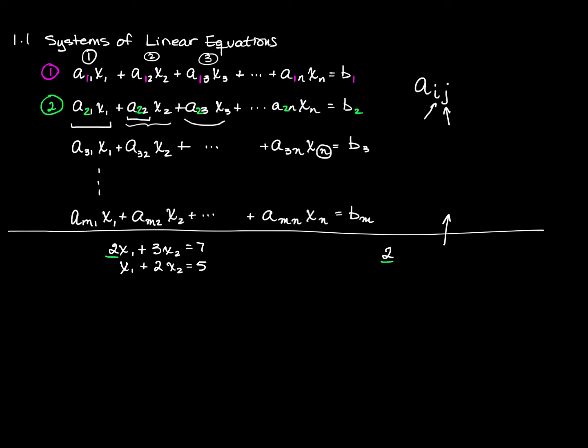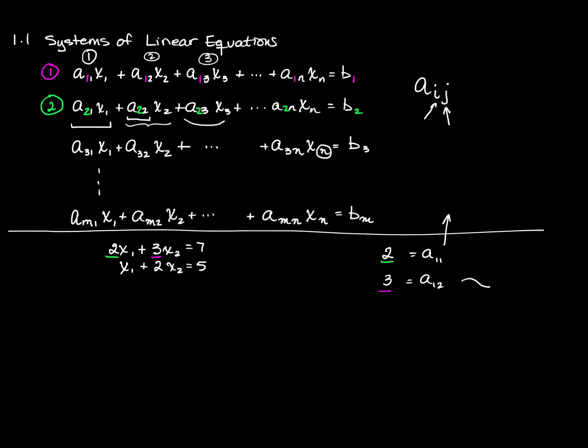The 2 in front of x sub 1 in the first equation is my a sub 1,1 because it's my first equation, my first term. The 3 in the first equation is my first equation, second term, so that's my a sub 1,2.